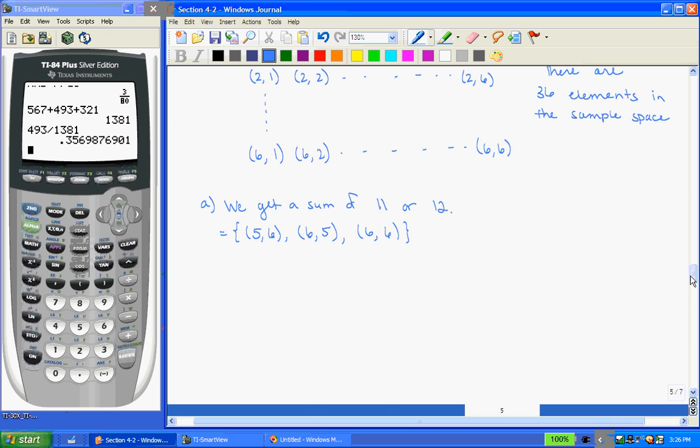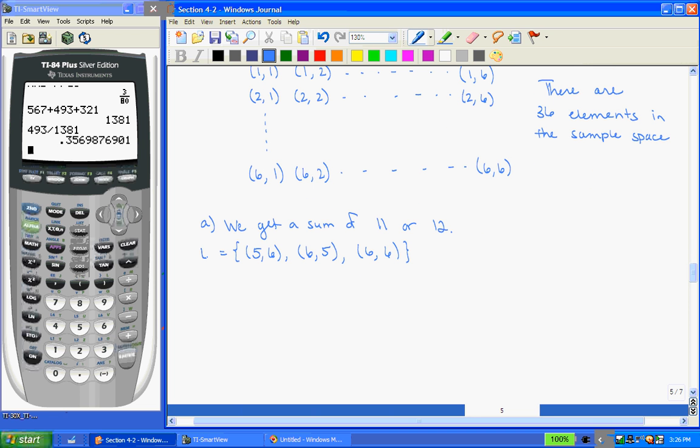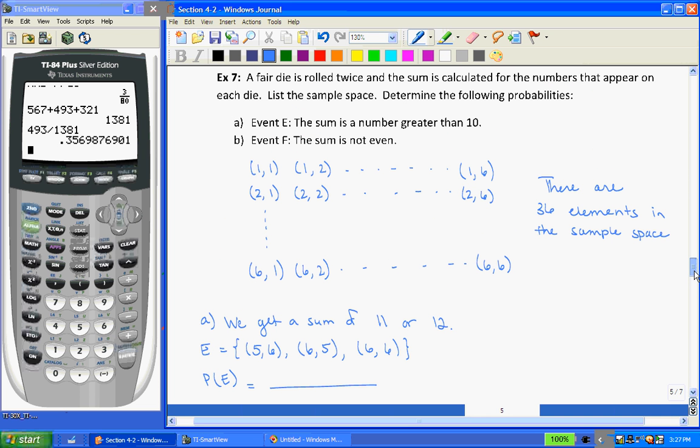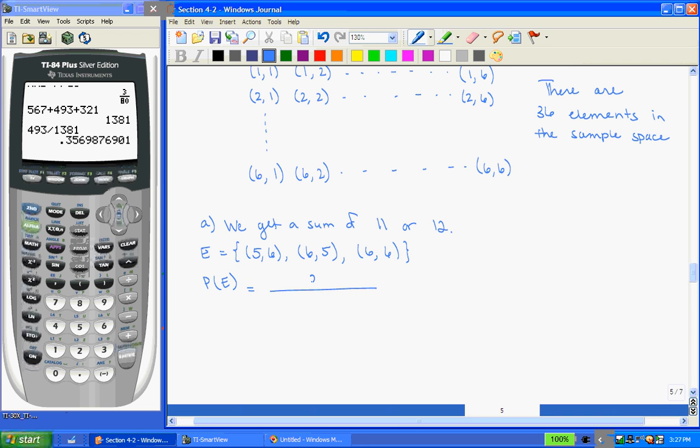So this is event E. Now to find the probability of the event E, well, the number of ways that I can get an 11 or a 12, because that's a number that's bigger than 10. I'm not including 10 because it said strictly greater than. Well, there's 3 ways that that could happen. And the total number of elements in the sample space, 36.